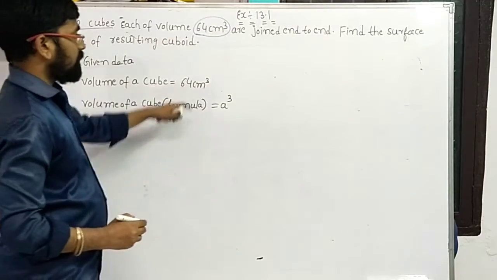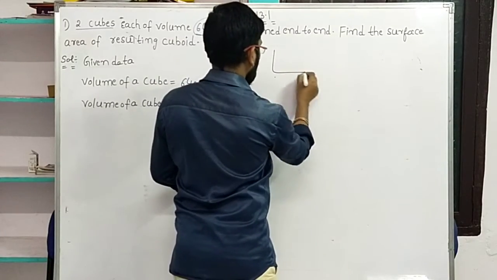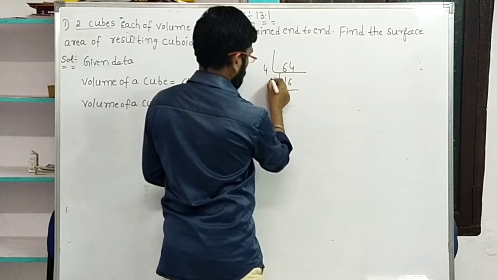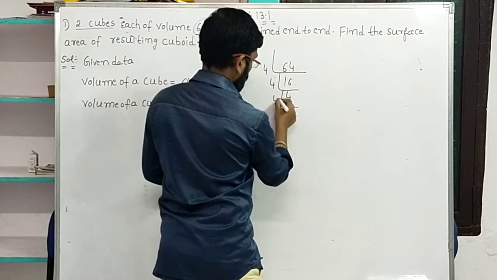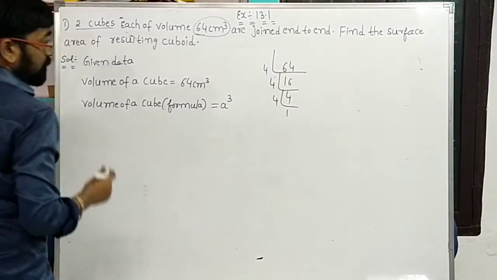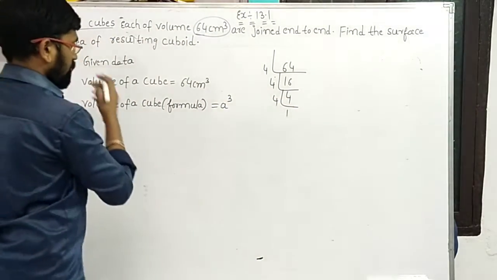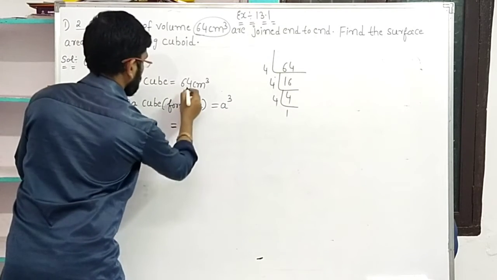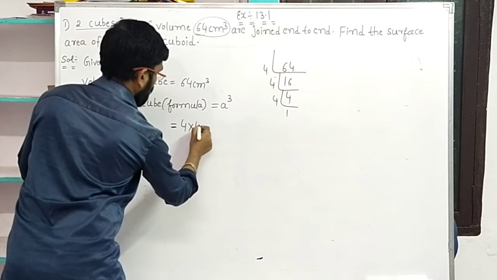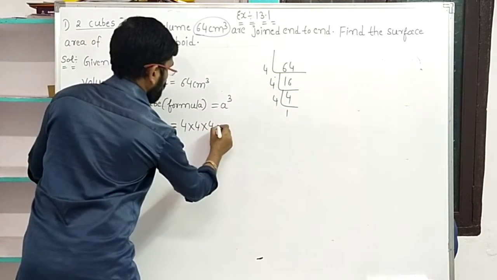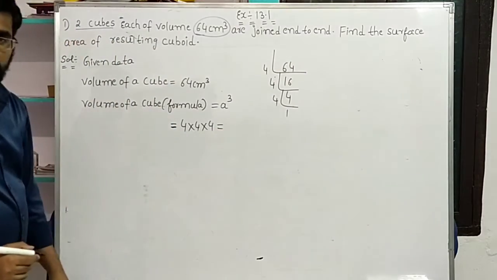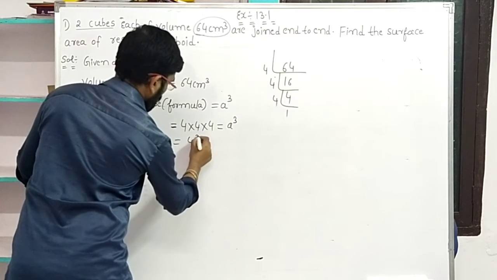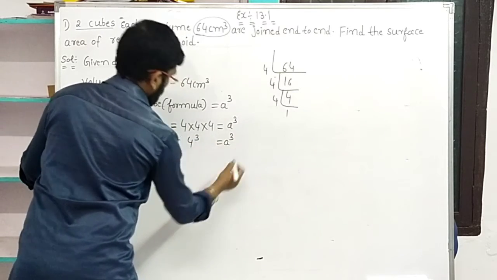Now if you do LCM here, 64 fours are 16, 4 fours are 16, again 4, 4 ones. So 64 can be written as 4 into 4 into 4. So that is a cube.